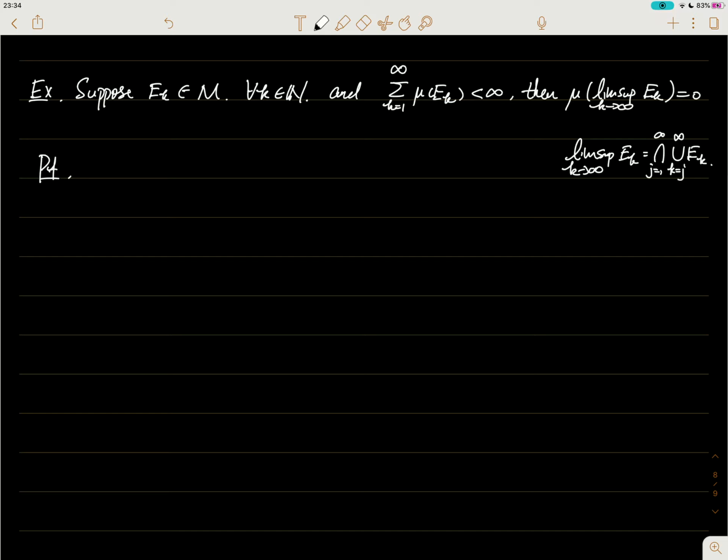So the upper limit of the sequence means that it contains the elements which are in infinitely many of those E_k. Or in other words, for any j, there exists some k such that the element is in E_k, right? This is what we learned in the first lecture.